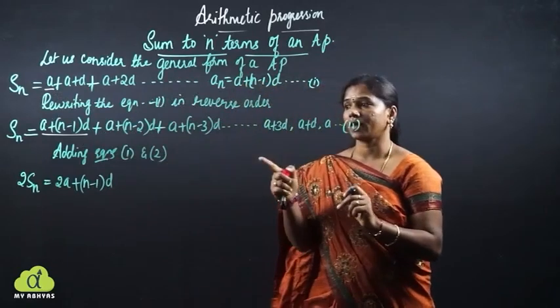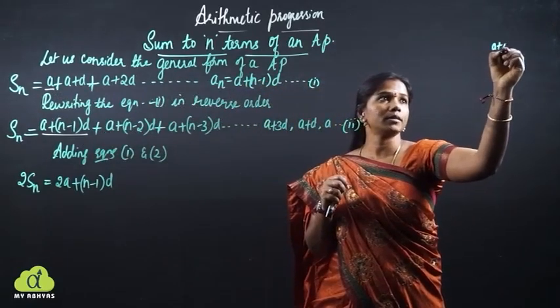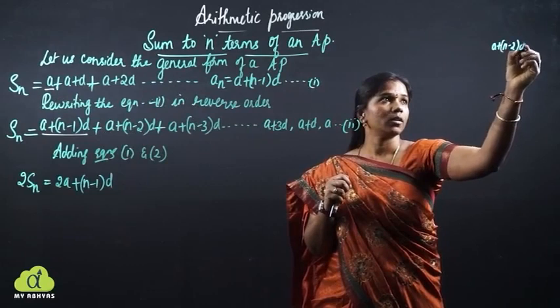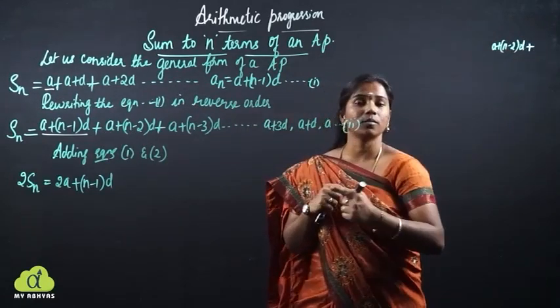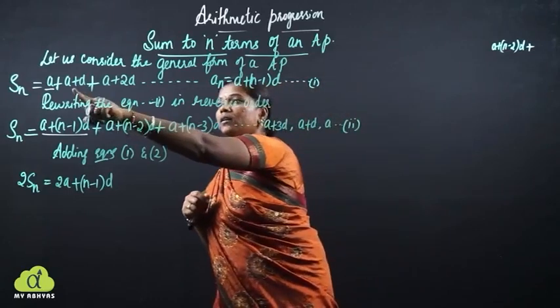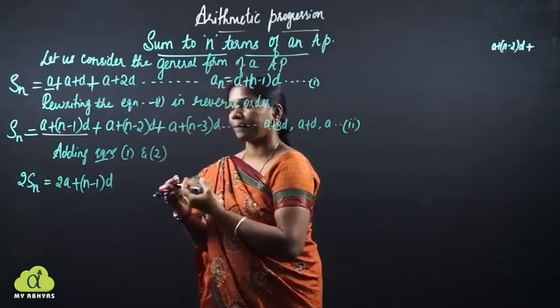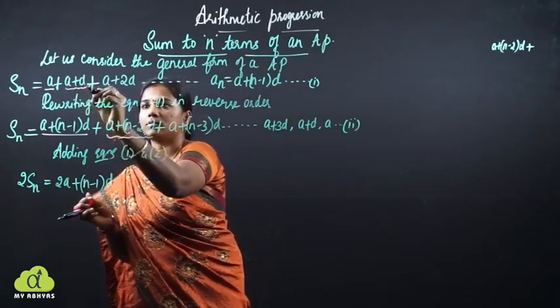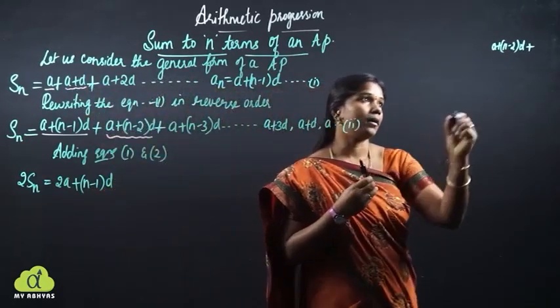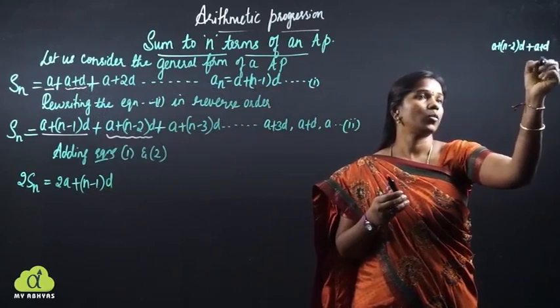Now, let us take the second term, that is a plus n minus 2 into d. For that, correspondingly, we should add the second term of the first equation. So, what is that? It is a plus d. When we add a plus d here, what do we get?